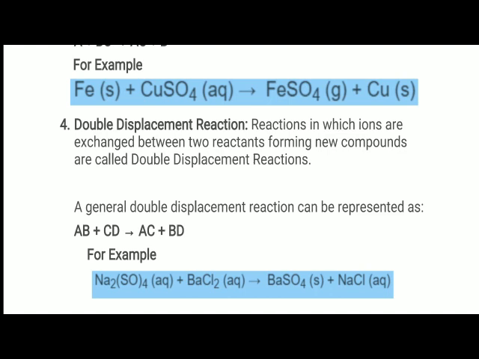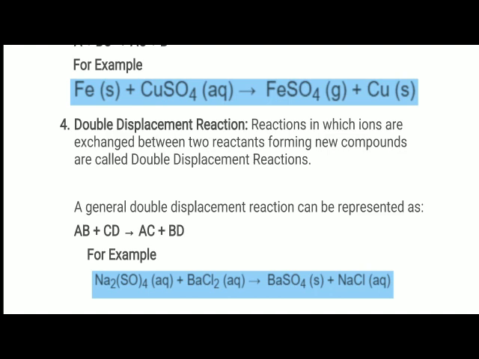In that, a double displacement reaction has been done between the solution of barium chloride and sodium sulfate. You can see that two test tubes are there: one test tube containing the solution of sodium sulfate and the other containing the solution of barium chloride.